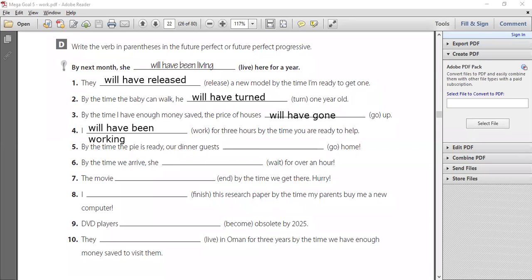Okay, just let me take the attendance. I think Bader is absent today. Jude is here. Dana is here. Ragad, Rafif, Rimas. Sarah, are you here? Rima is here. Rahaf is here.